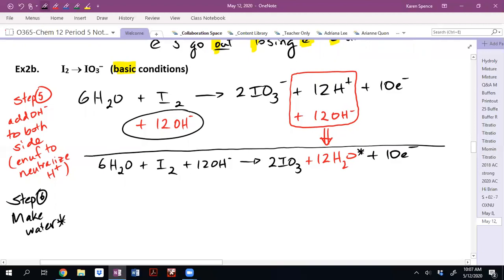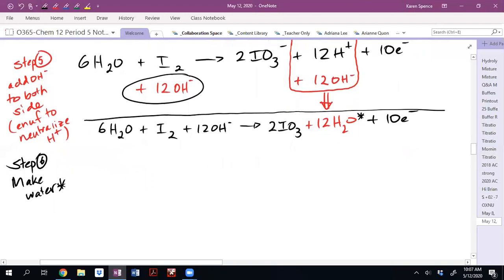Okay, so we made our water. And then step 7 is we're going to cancel anything that needs canceling. Do you see anything that is present on both sides?